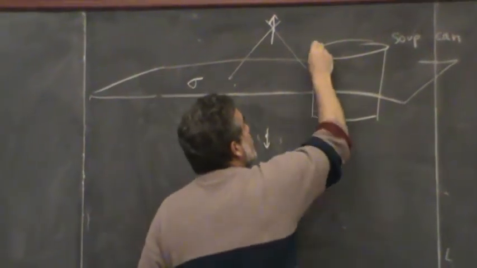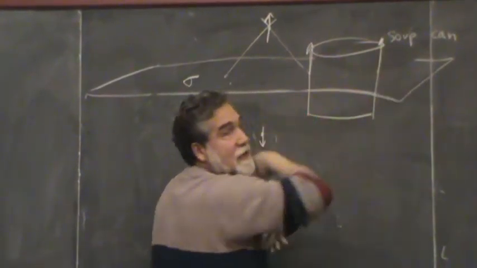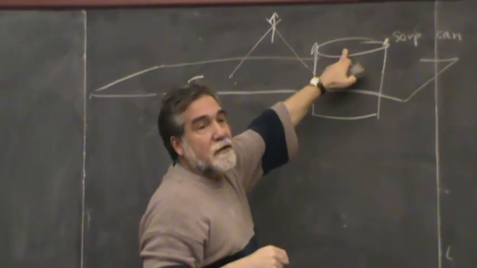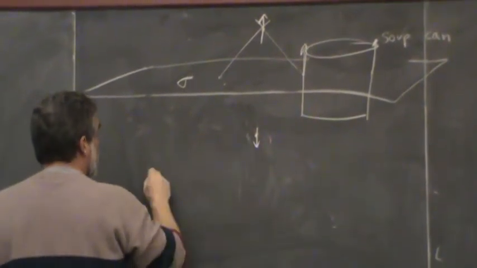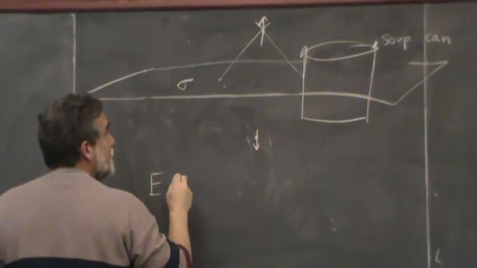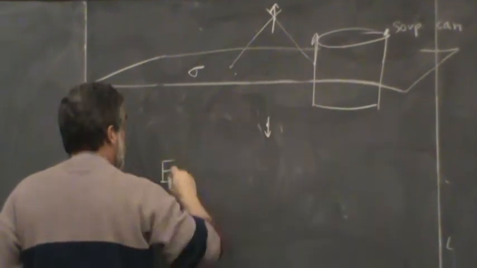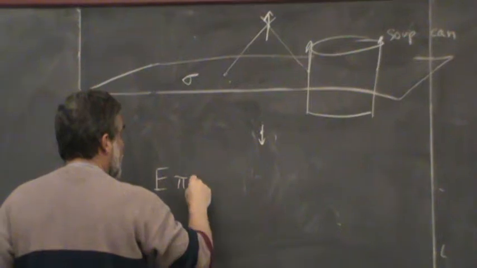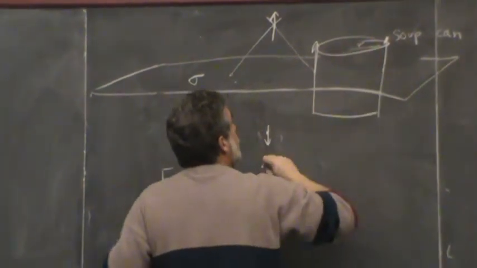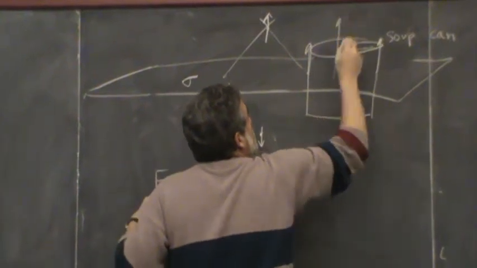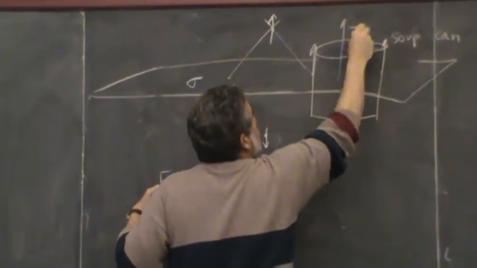Since the field points out, the integral on these sides is 0, and I look at the top here, and my integral over the area on the top is E times the area of the top surface, so that's pi r squared. I'll call this r. And I'll call this distance out, because it looks cylindrical, z.